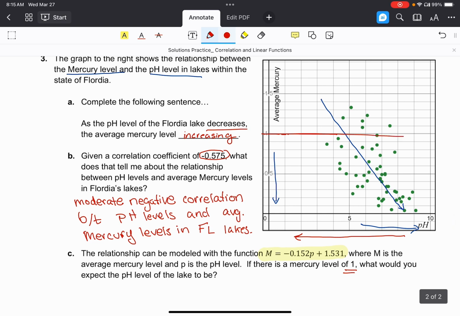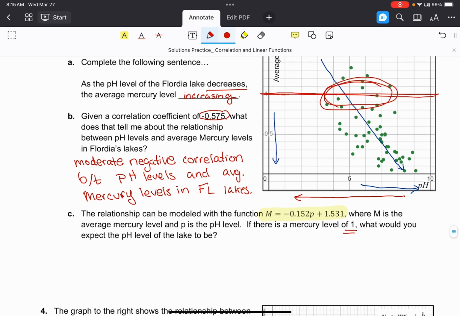Here is where the mercury level is 1, where I've drawn it in. So I would guess somewhere in this range right here. You can't really see where I'm circling on the graph. Not at 10, not at 1, somewhere in between. And we'll see how accurate our prediction is and how accurate we feel this line is.